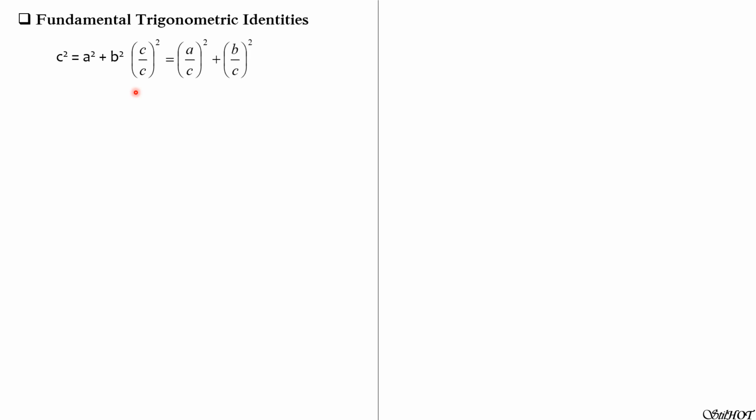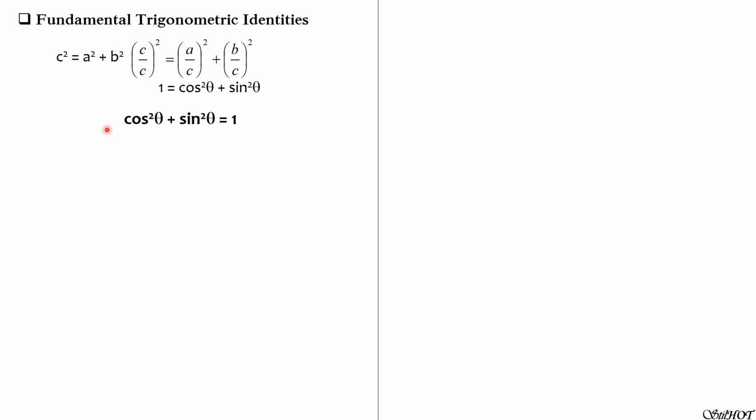And we note that a over c is cosine of theta, and b over c is sine of theta, so 1 is cosine squared theta plus sine squared theta. And that's the Pythagoras theorem. Cosine squared theta plus sine squared theta equals 1.